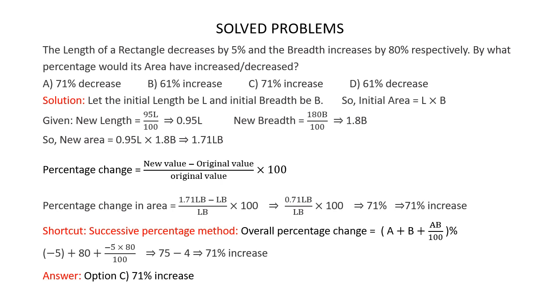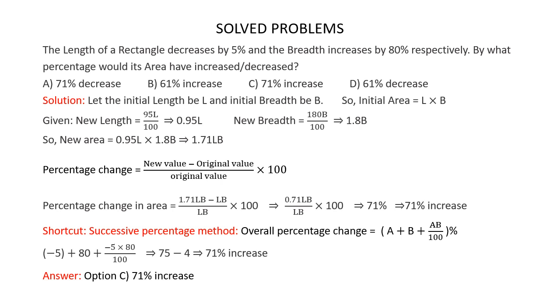Here A would be 5% decrease. Now since it is decrease, we have to consider it as negative value. So we have A as minus 5. B is 80% increase. Since it is increase, we have to consider it as positive value. So B would be plus 80.